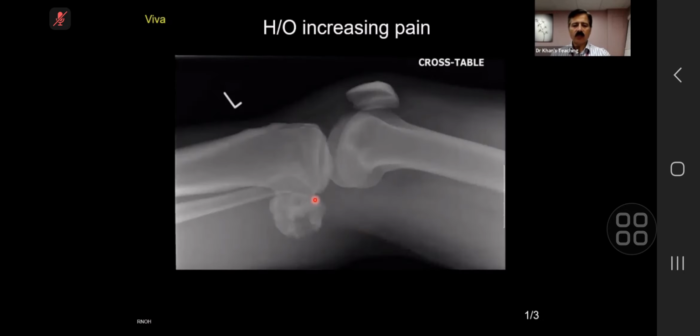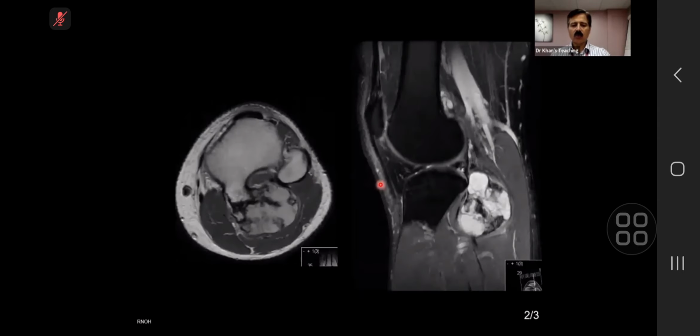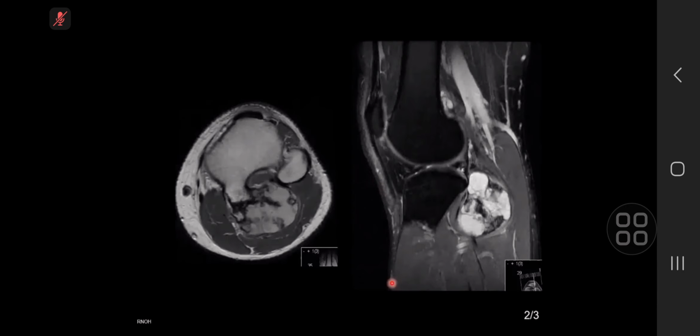So another case where we have got an osteochondroma and increased pain. So we have done this MR. Over to you. What do you think? So I'm provided with an axial T1 image and a STIR sagittal image.